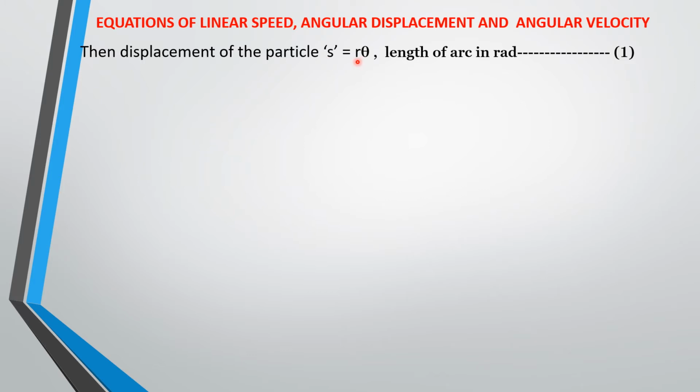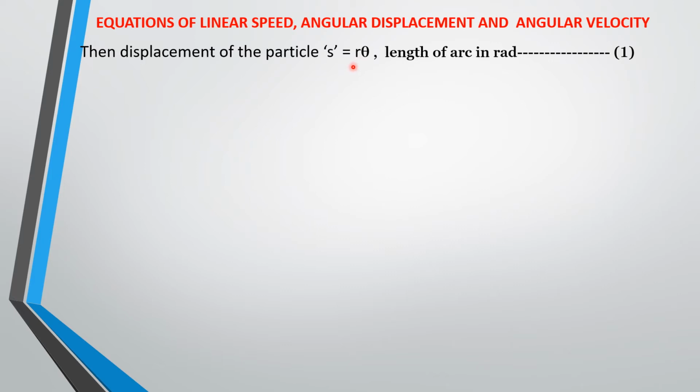You know that in your normal mathematics, length of arc is given by theta over 360 times 2 pi radius. That is when theta is measured in degrees.